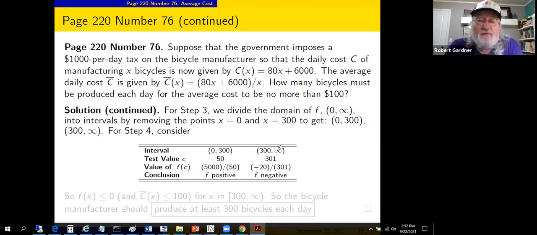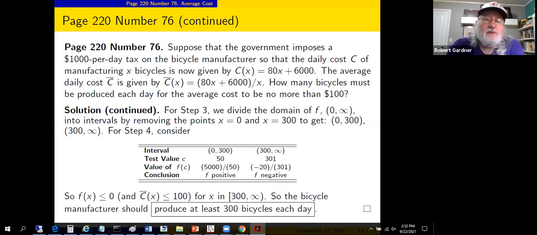Plugging it back into the f function, which I don't have in front of me, we get this quantity. We can peek back on the previous slide and confirm that. How about we take that as given? We get a negative in the numerator. I know there was an x in the denominator. The numerator must produce a negative 20. Anyhow, negative divided by positive is negative. Function's positive here, function's negative there.